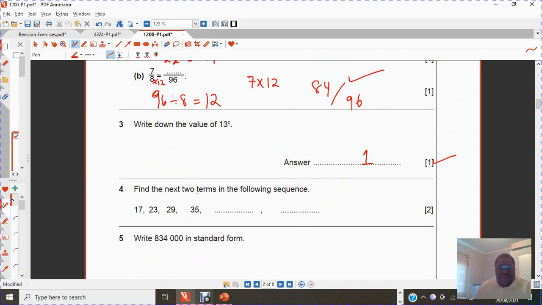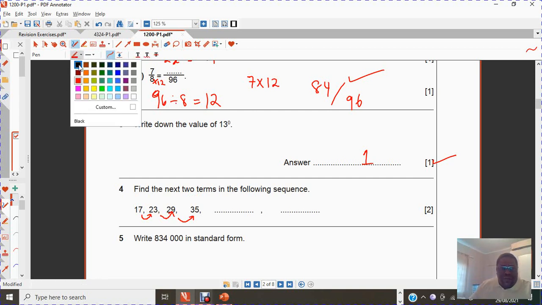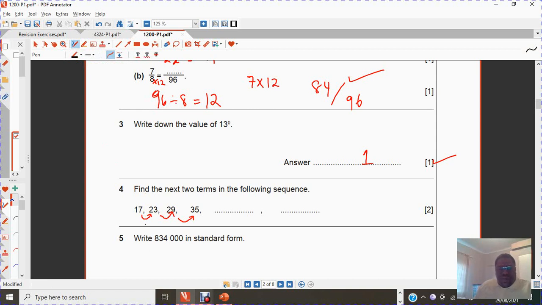Find the next two terms. If you look at how you get from one term to the next, you agree with me that you get there by adding a certain number. And what is that number? Is it 5, or is it 4? Or is it 6? If you add 6, you get to that number.